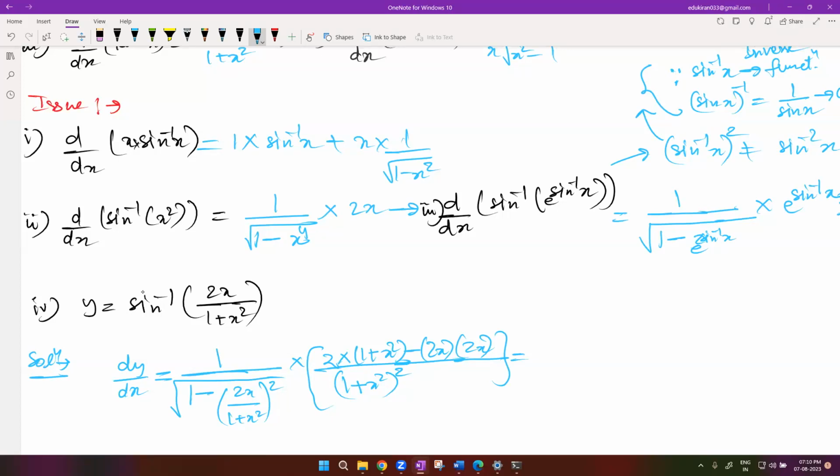Okay, so I'm going to simplify this. You can square these terms and then take the LCM, and after that you'll reach this answer. Let me do this for you.